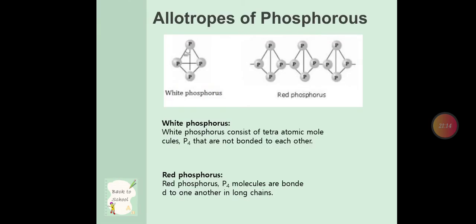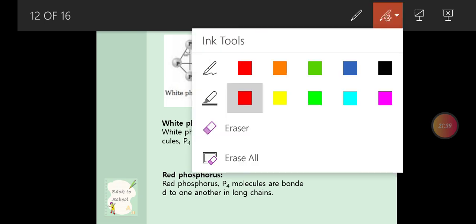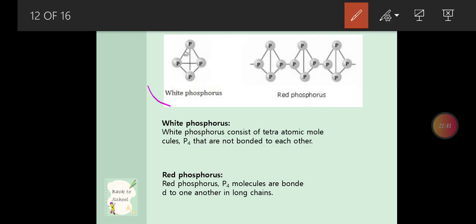All right, let's talk about allotropes of phosphorus now. We have two allotropes of phosphorus, white phosphorus and red phosphorus. White phosphorus consists of tetraatomic molecules, P4, which are not bonded to one another. Let me show you the structure of white phosphorus. Only tetraatomic P4 molecules are there, but they are not bonded.